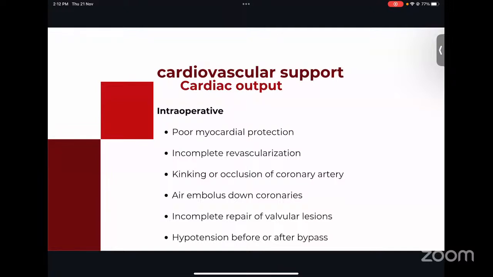Regarding the intraoperative causes, the first is poor myocardial protection, incomplete revascularization during surgery, kinking or occlusion of a coronary artery, especially if it is not resolved before transfer, incomplete repair of a valve lesion, and hypotension before or after bypass.